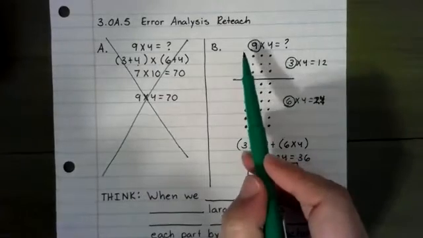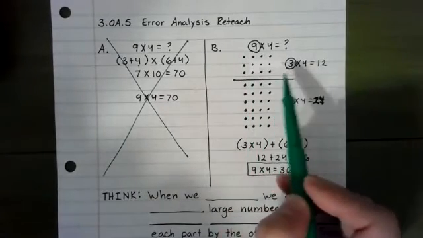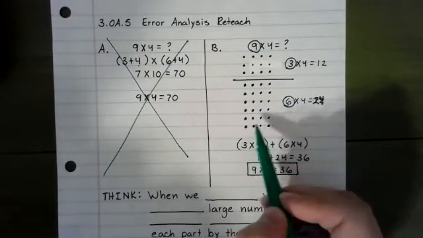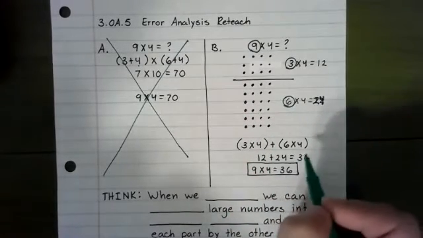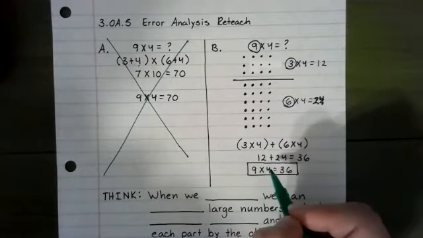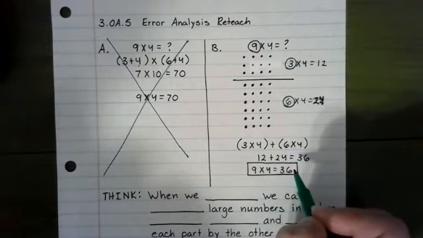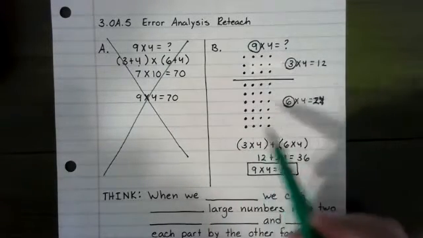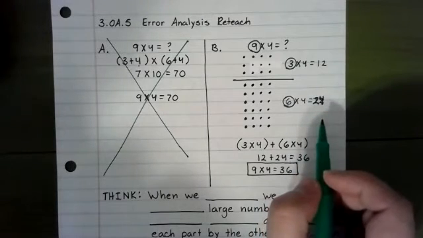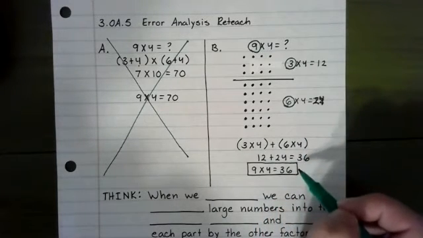That means that this array, 3 times 4 is 12, and this array, 6 times 4 is 24, is equal to a total of 36. So 9 times 4 equals 36. Student B, except for their small mistake here, which was fixable, is correct because they used the distributive property.